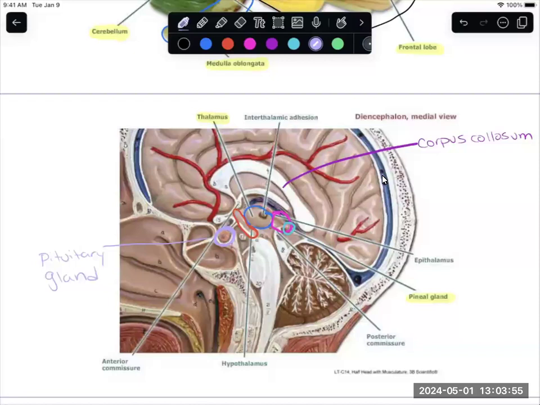It's usually one of the first ones covered. Not always, but most of the time it is. That is this specific gland. Again, up here, that is just that cerebrum. Back here, that is that cerebellum.